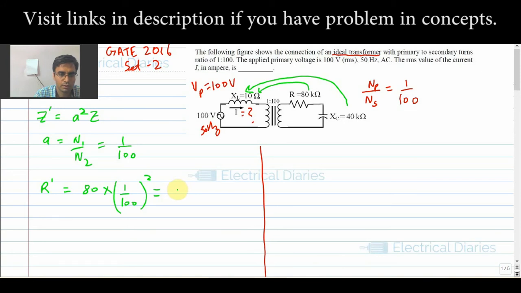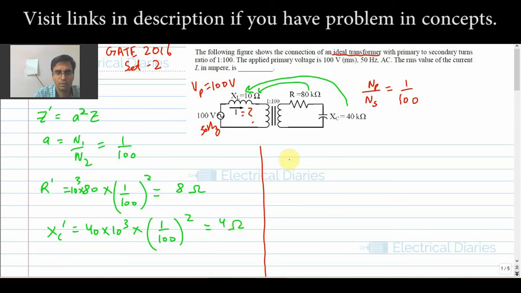It will come out to be 8 ohms. Your XC dash will come out to be 40 into 10 to the power 3 into A square, which is 1 by 100, so it will come out to be 4 ohms.